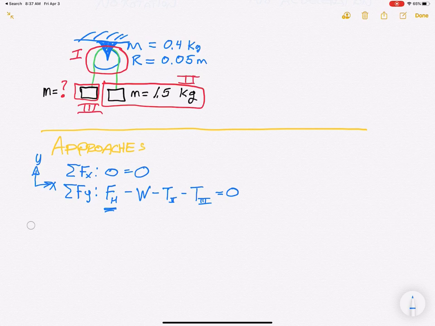We're still dealing with system 1, so we have to do the sum of the torques about the same axis in system 1. So I want to make that clear. We're doing system 1. And for the sum of the torques now, what I like to recommend you do is to take every force that's acting in system 1.